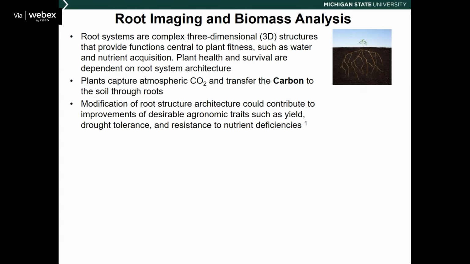The modification of root structure architecture could contribute to improvements of desirable agronomic traits, such as yield, drought tolerance, and resistance to nutrient deficiencies. So we need to understand the root structure or root structure architecture.